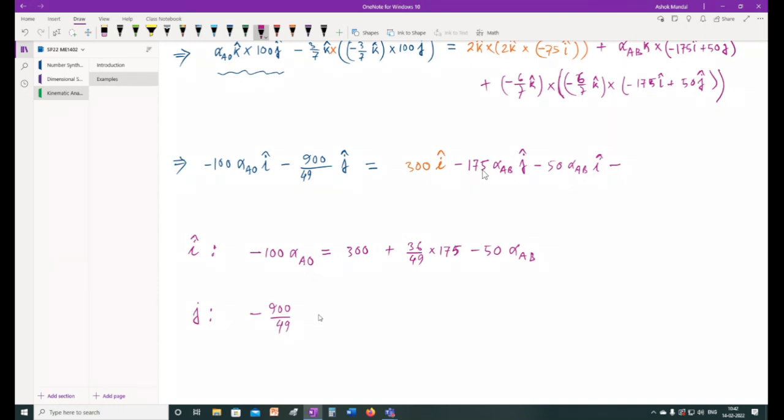I have just taken the coefficients of I. So the first component is 36 by 49 into 175 I, and the second component is minus 36 by 49 into 50 J. So when you separate the coefficients, here you have 36 by 49 into 50 minus 175 alpha.